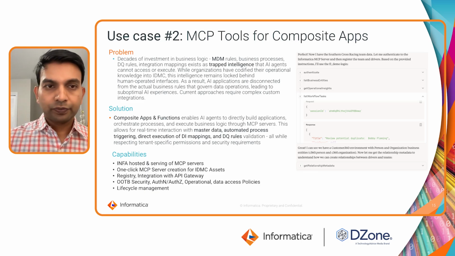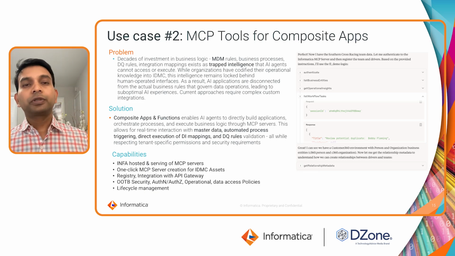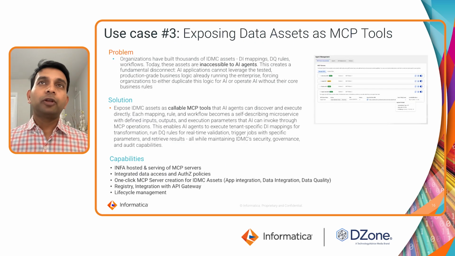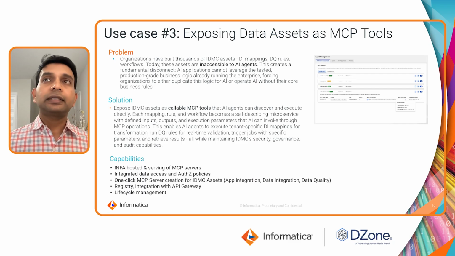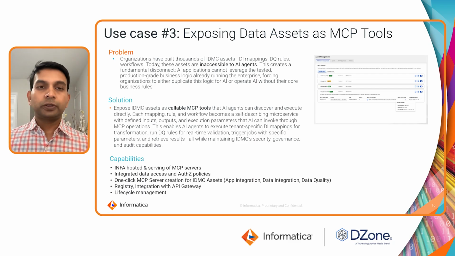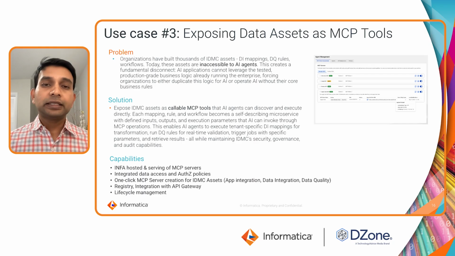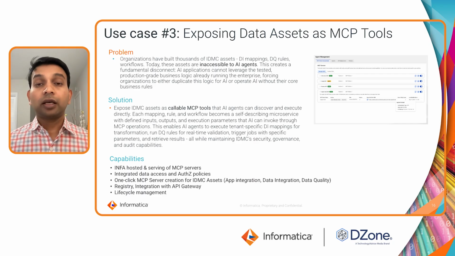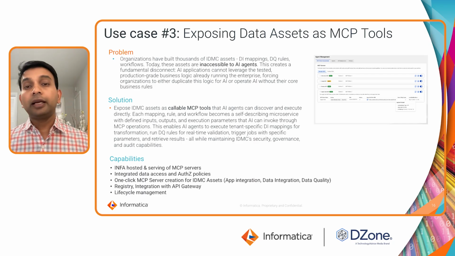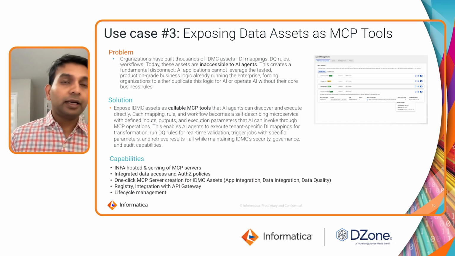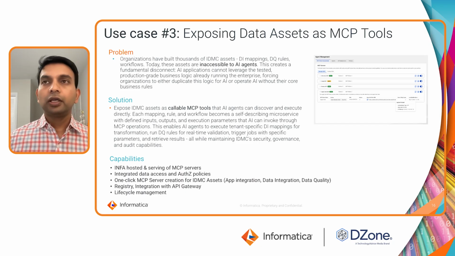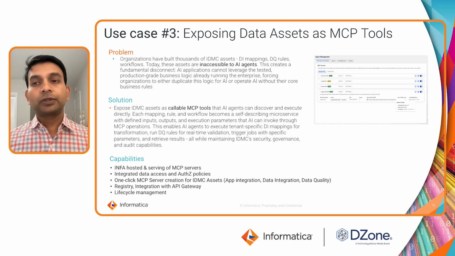The third set of use cases is about where you can expose the existing data assets as MCP tools. Now, organizations have built hundreds and thousands of Informatica IDMC assets like data integration mappings, data quality rules, application integration workflows.